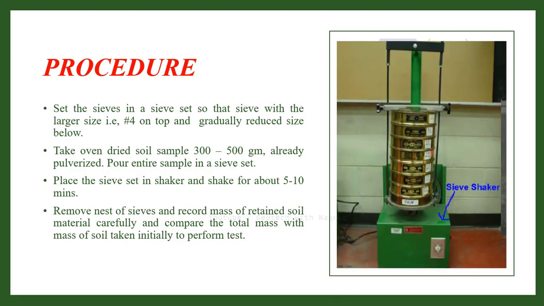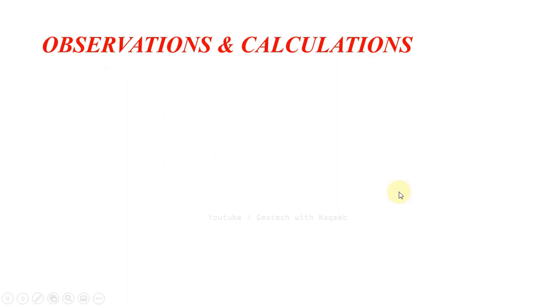Now you can see here this is the shaker, and here the sieve set. Then you just shake the soil sample for 5 to 10 minutes to obtain the soil sample retained on different sieves.